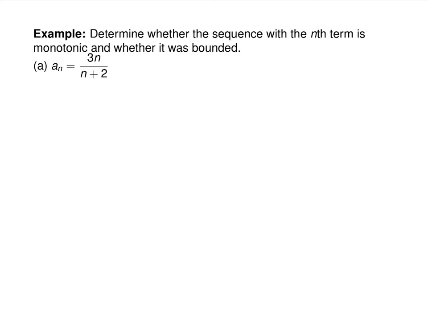So we can use this to prove that certain sequences are converging. For example, here, we could find this limit using our other methods, but this method of showing that it's monotonic and bounded also works. In a previous example, we found this sequence a sub n is actually increasing.